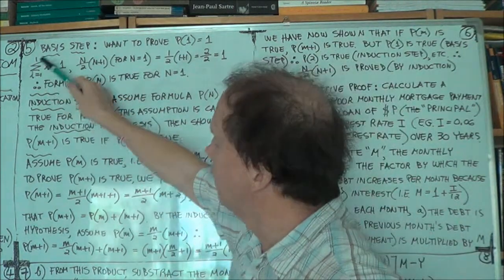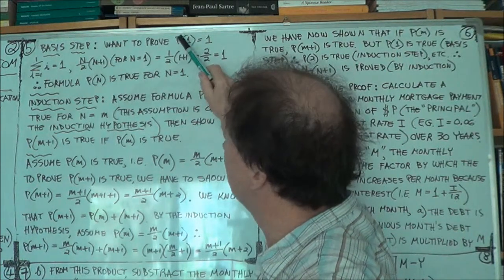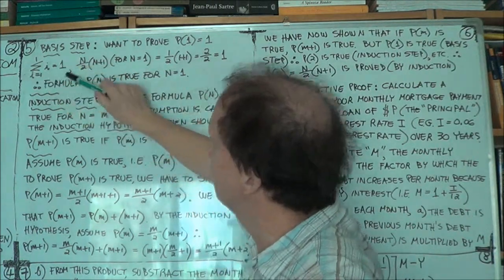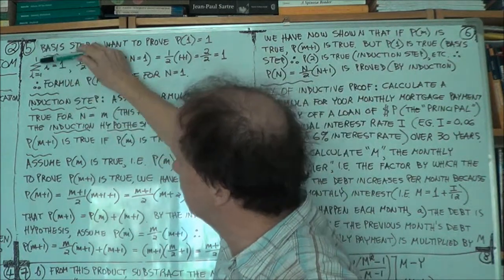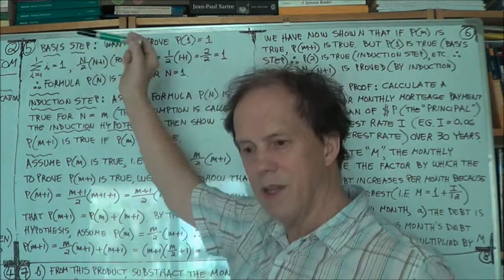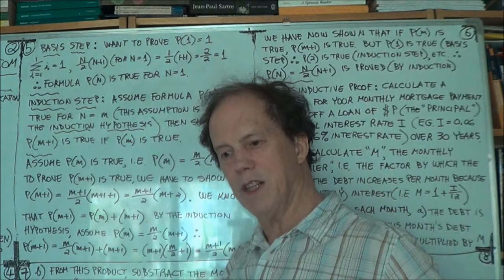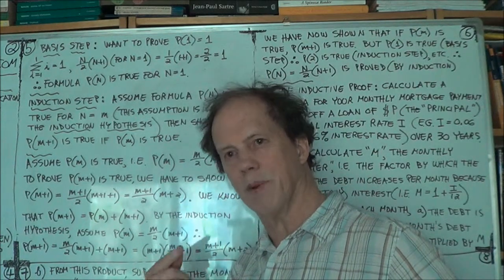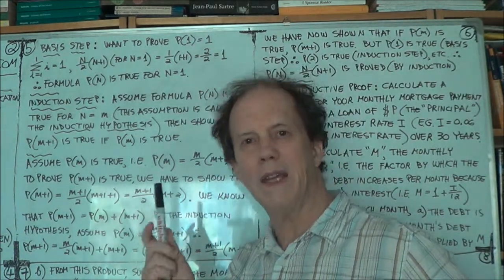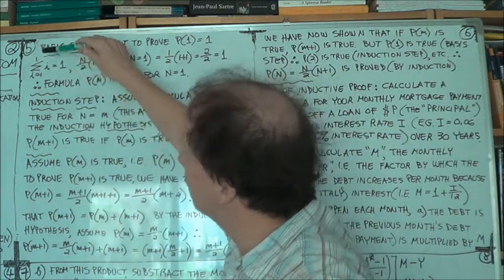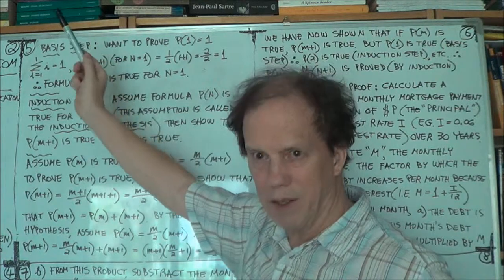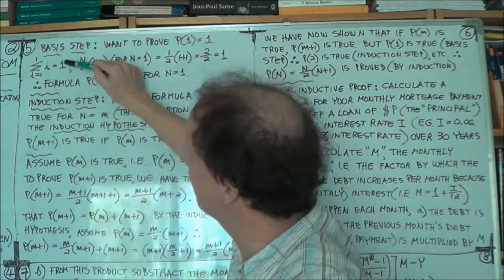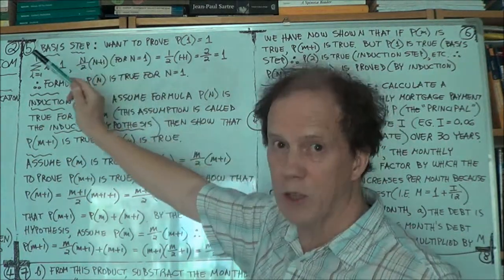Well, by definition, P of n is the sum of the first n positive integers: 1 plus 2 plus 3 ... plus n. When n is 1, there's only one number you're summing, right? It's just 1.